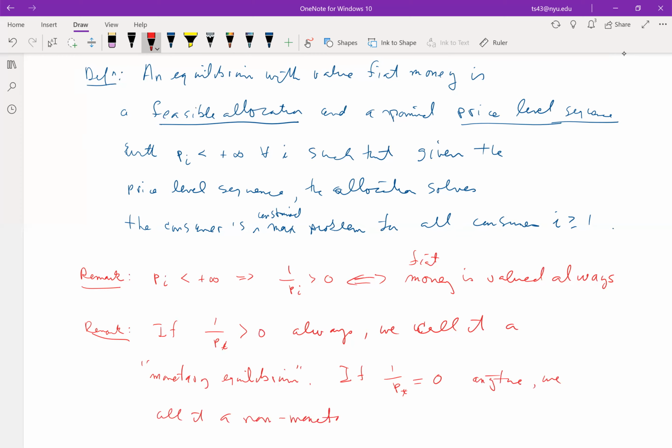It's an equilibrium in which money is not valued. So that's our setting for Samuelson's model.